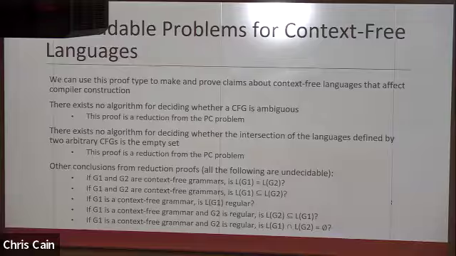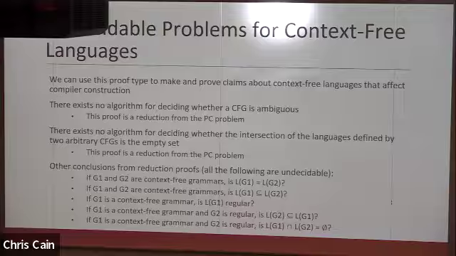You would say you'd reduce it to a known undecidable problem, but intuitively, here is why you can't answer yes. Here's how you would be able to answer no, but at any particular point in time, it's ambiguous whether the answer is yes or whether we just haven't found the counterexample yet. You're searching for that counterexample, but since both languages are infinite, you never know if you just haven't gotten to it yet.